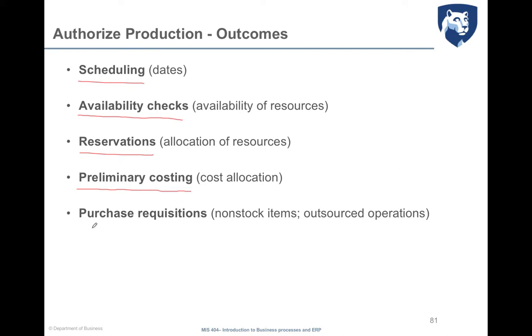Please note also that if the production requires non-stock items such as consumable items or external operation which are executed by external companies like, I don't know, painting, surface refining, or whatever, these are specified in the production order too and issued to the procurement department.